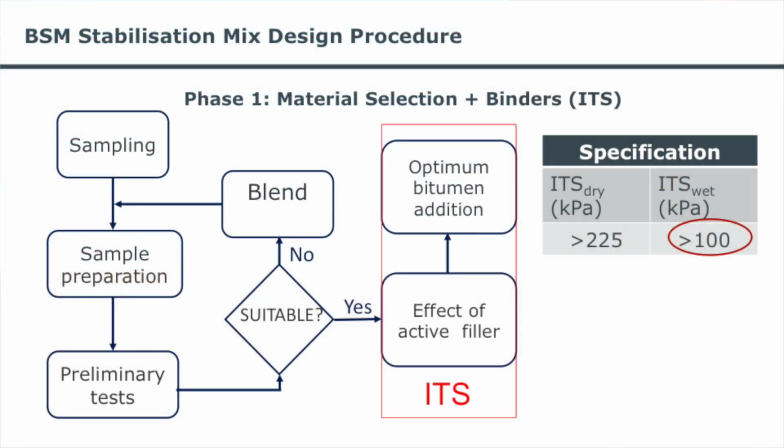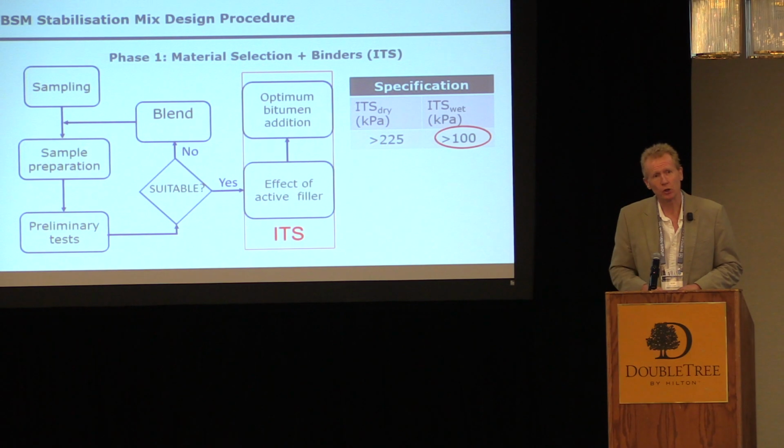This is all done at that stage by ITS tests because you've got a lot of variables that you're testing. And the same with optimizing the bitumen content, the binder content, part of the mix design. So there are different specification values used, and what I've provided there are the typical values that we have been using in Southern Africa and in parts of South America and other countries too.